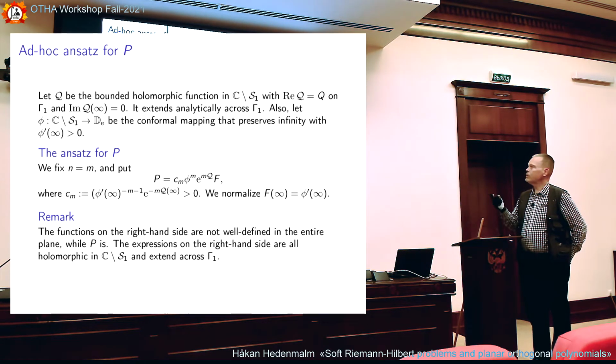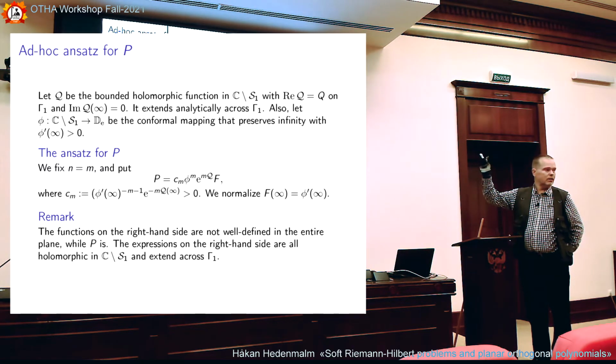And that script Q is the way to build the guess for the polynomial. So the ansatz looks a little funny. You take a constant times phi to the power m, but phi, by the way, grows linearly at infinity. It's like a constant times z at infinity. So that's good. It behaves like a polynomial of degree m at infinity. So it has some good property. And then e to the m times script Q, what is it? It's a bounded function there.